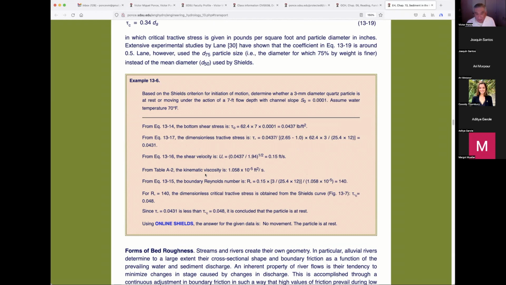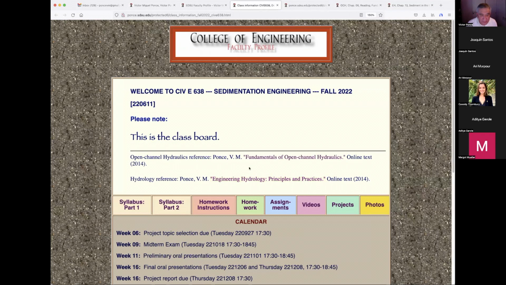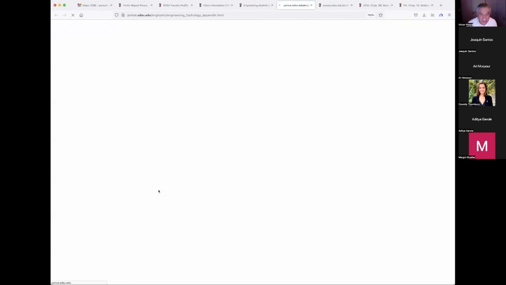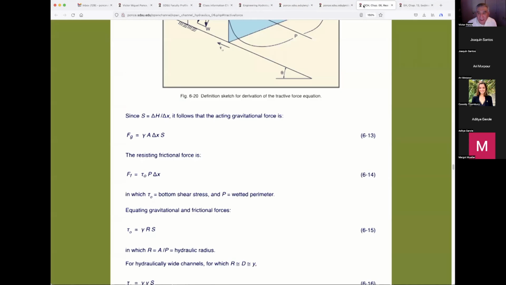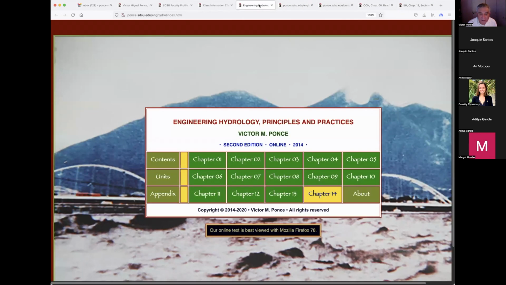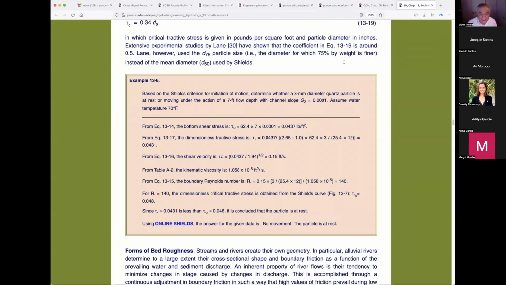Where are you going to find that if you want to verify that the kinematic viscosity is indeed 1.058? You go to the appendix of the book, which is at the beginning, right over here. Engineering hydrology, appendix, right there. Can you see that? That's easy enough. Where am I? Okay, no, that's not it. There we go. Okay, I'm getting confused here.